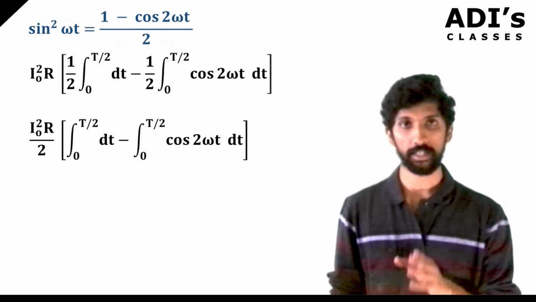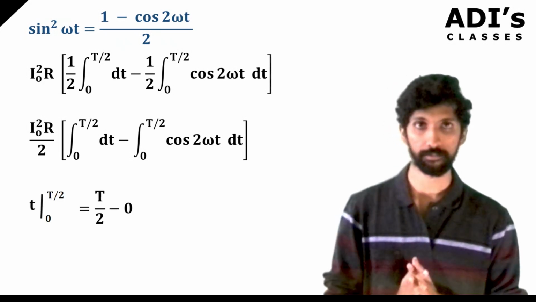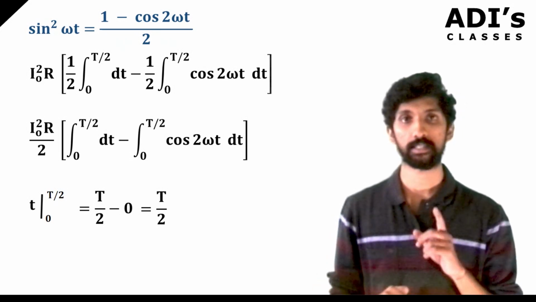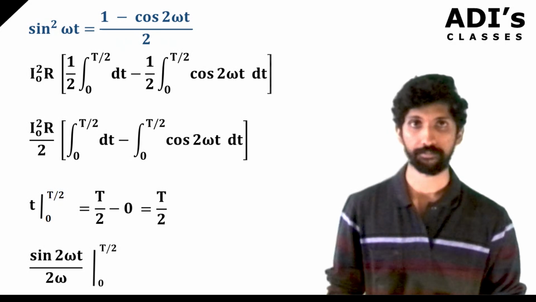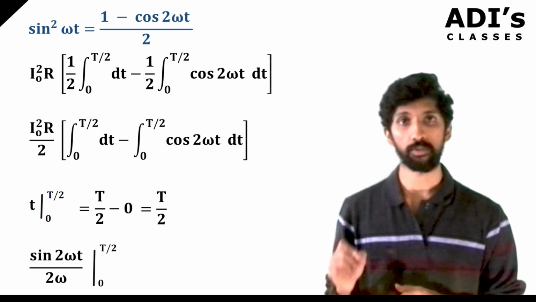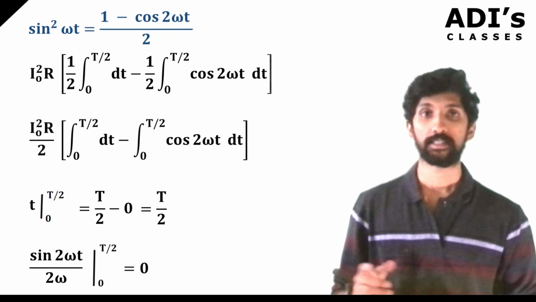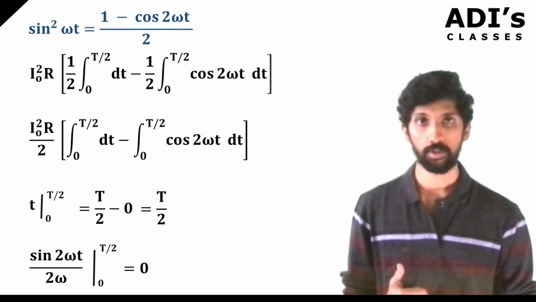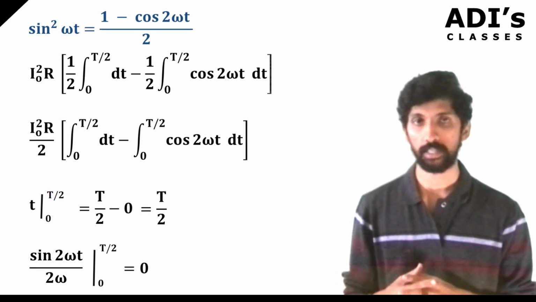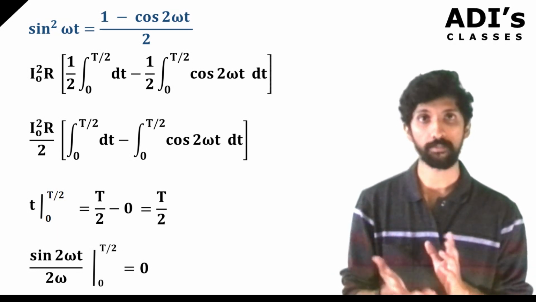The integral of dt is t, and substituting the limits we get T/2 minus 0, which is T/2. Next, the integral of cos 2ωt is sin 2ωt/2ω. Substituting the limits from 0 to T/2 gives 0, because sin 2ω(T/2) is sin(2π/T × T), which is sin 2π. Sin 2π is 0, and sin 0 is 0 anyway, so the whole term becomes 0.